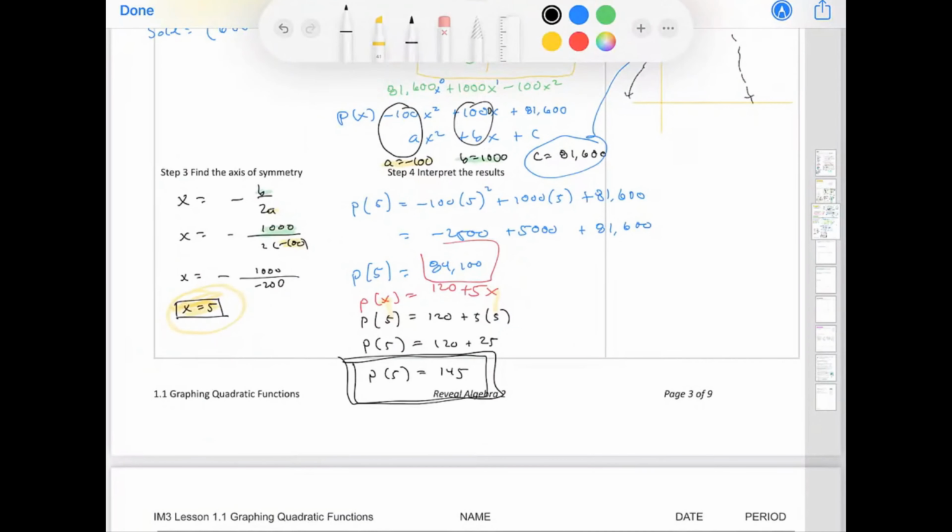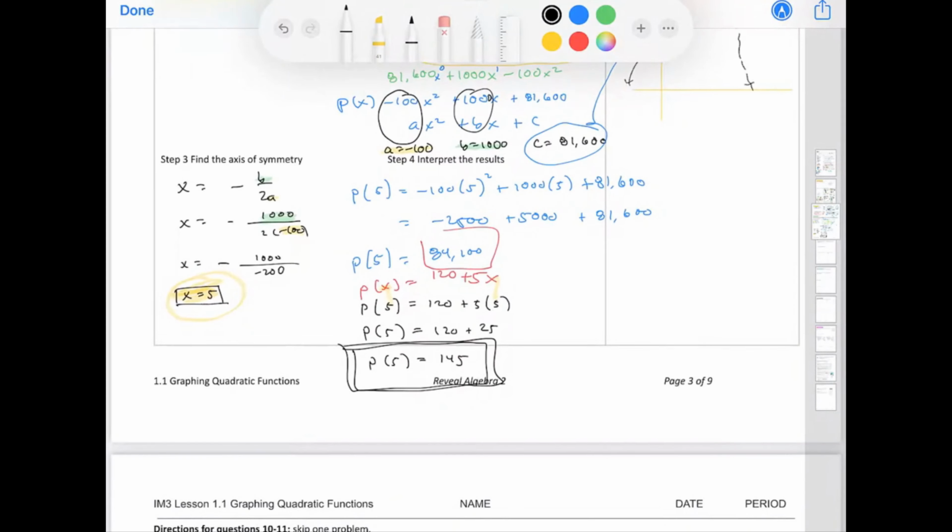I want to give you a visual for the next part. The ski resort will make the most money with 5, that's what my X value was, price increases.